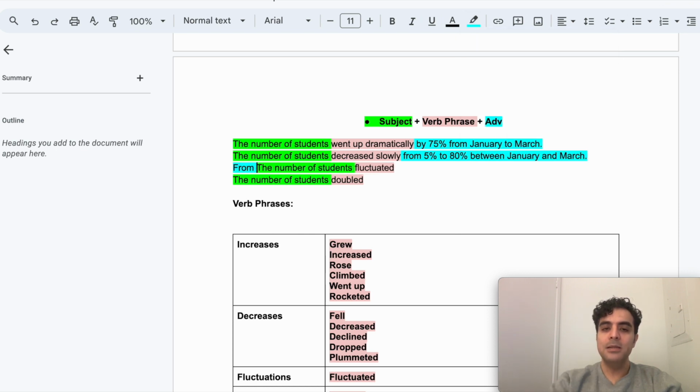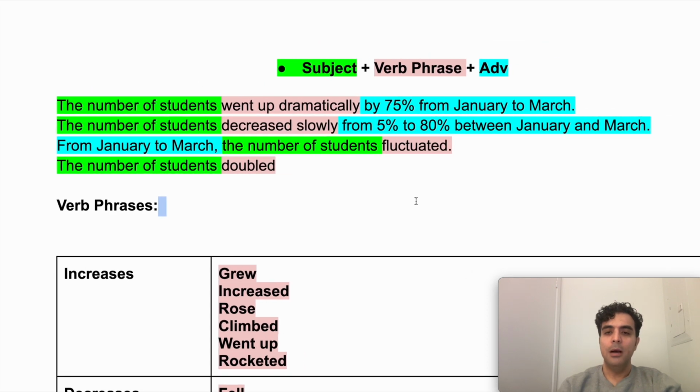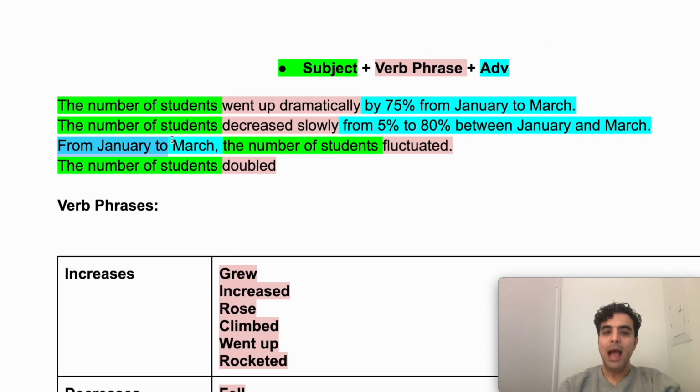So here, my sentence is going to be from January to March, the number of students fluctuated. You see, I have stated the adverb of time at the very beginning.